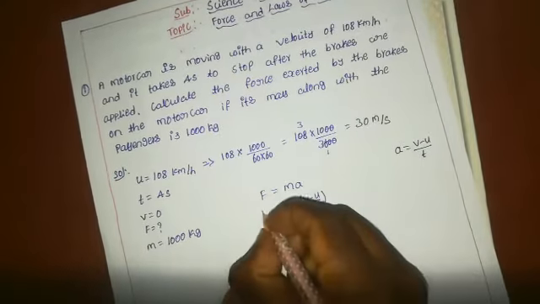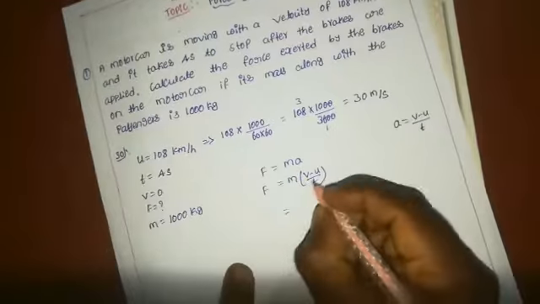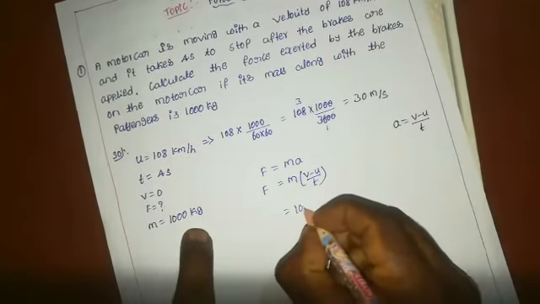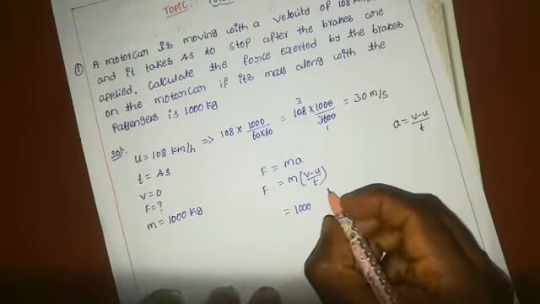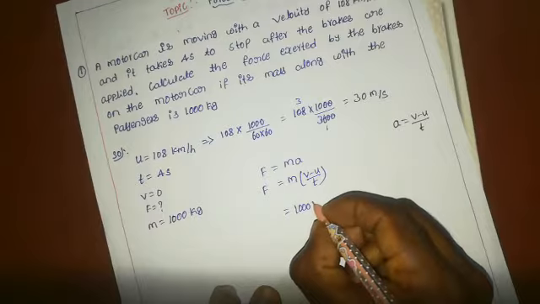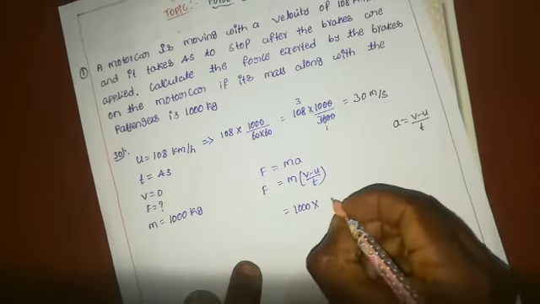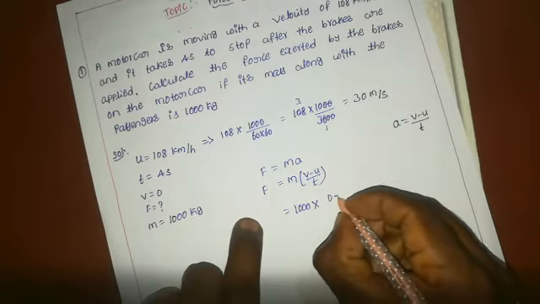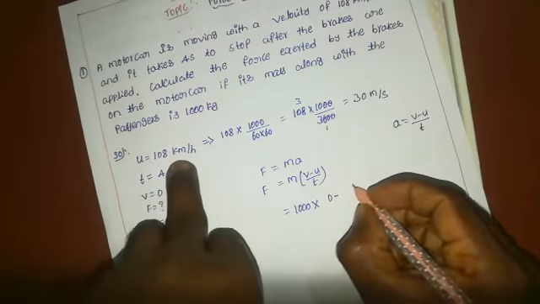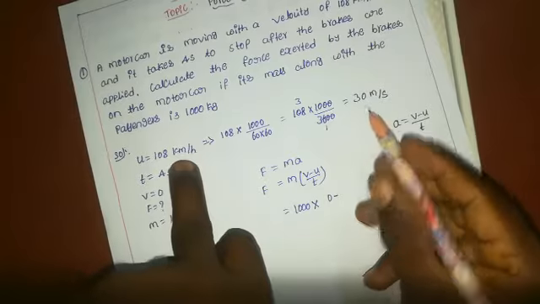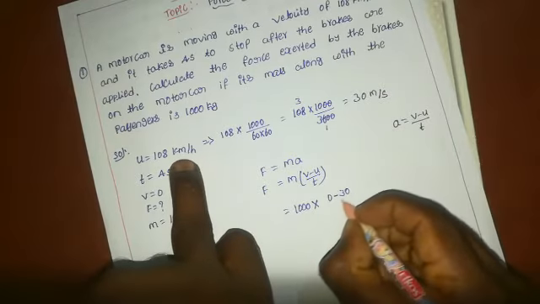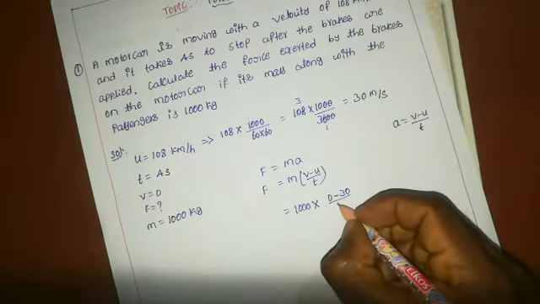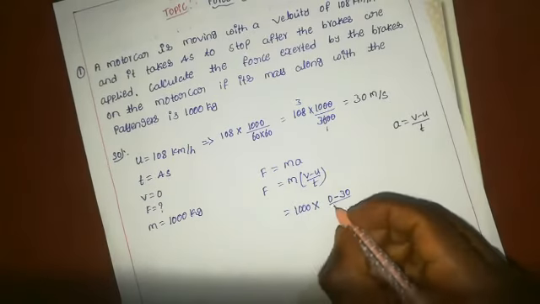Now we have to find out the force. m is 1000 kg, into v minus u, that is 0 minus the initial velocity, 30 meter per second, divided by t, which is 4 seconds.